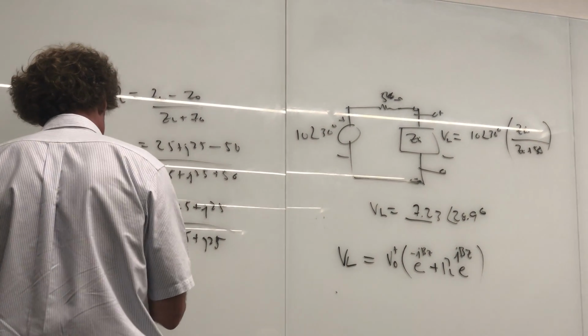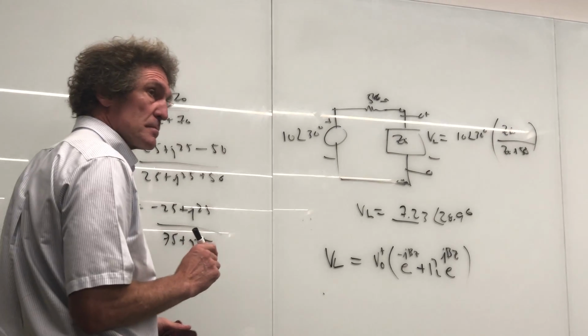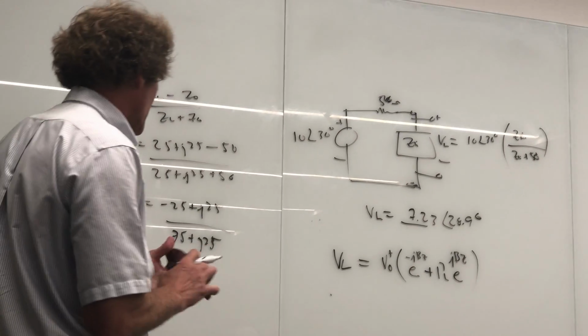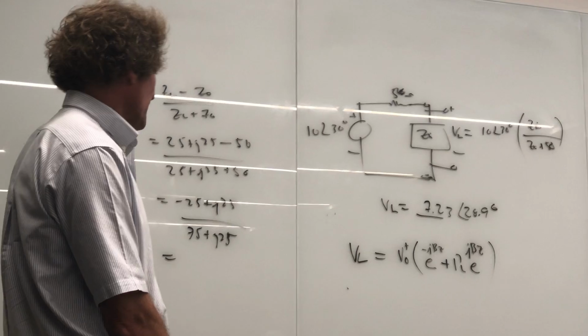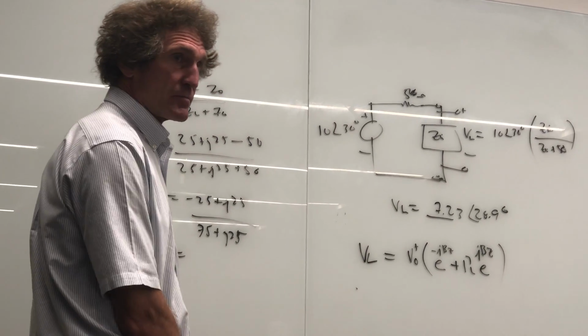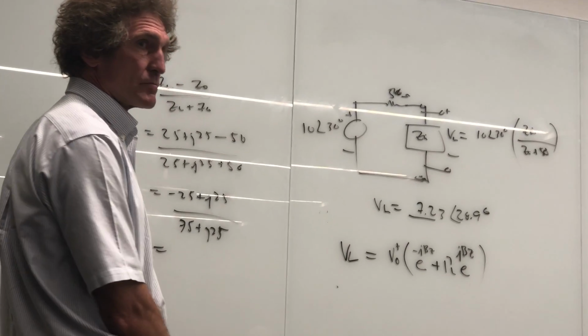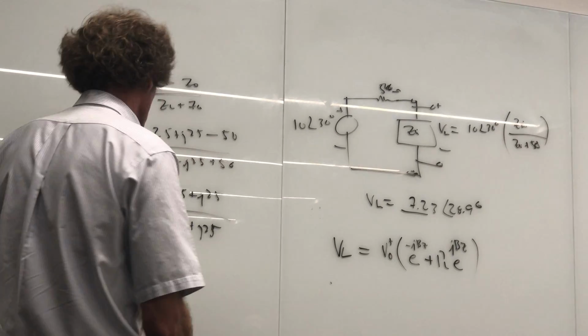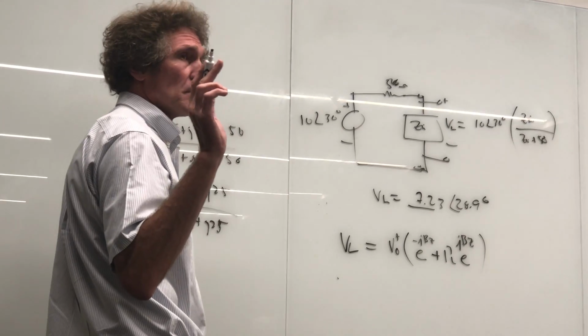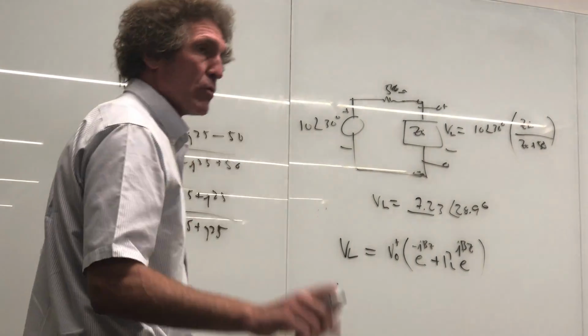Gamma L? It's minus 25 plus j25 over 75 plus j25. Minus 0.2 plus... No, give it to me in polar. Always in polar.